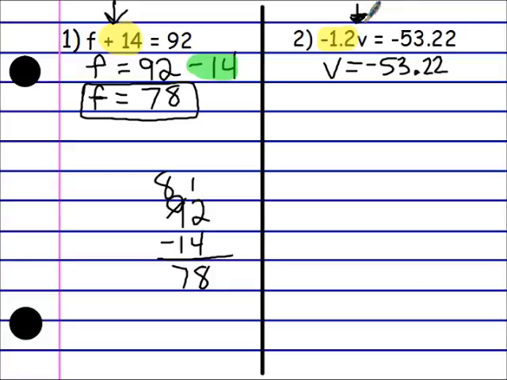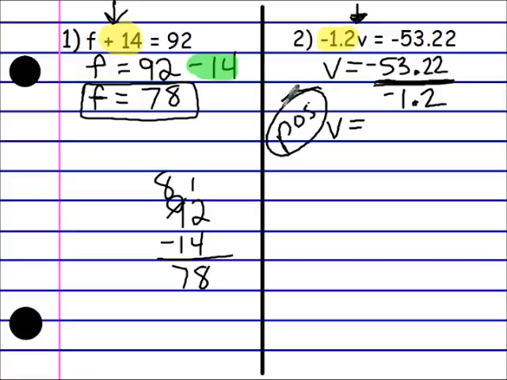When the number and the variable touch like that, that is multiplication. And what would be the opposite of multiplication? It would be division. So here you're going to divide that number by negative 1.2. Now we know a negative divided by a negative is a positive, so I'll just note off to the side here that my answer is positive.